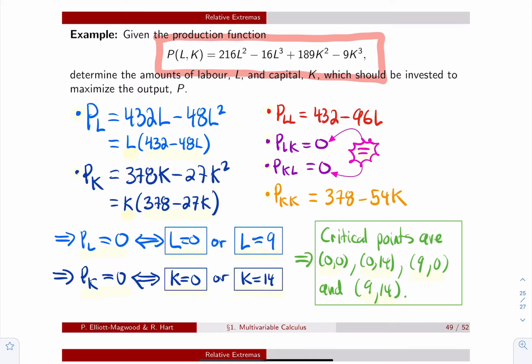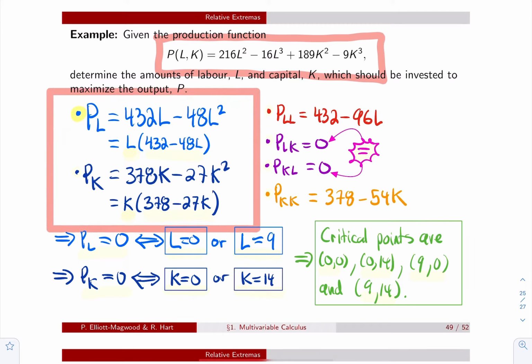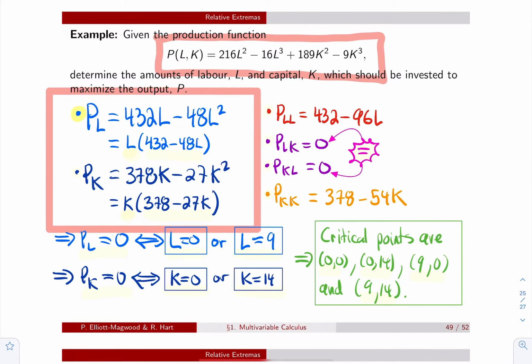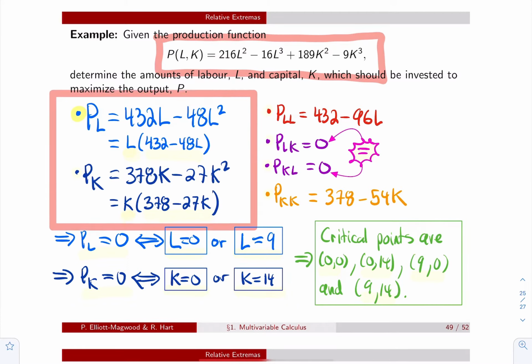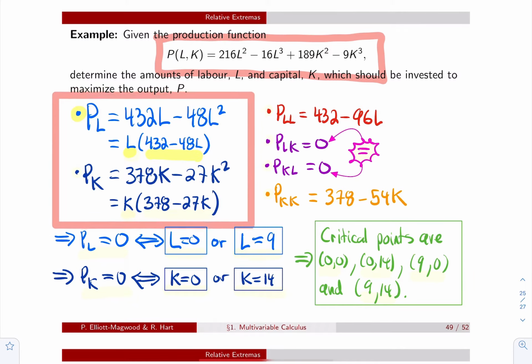Again, the way I like to do these questions is by first computing all partial derivatives, first order and second order. If you differentiate with respect to L, you get 432L minus 48L squared. Because I know I'm going to be using this equation to find critical points, might as well simplify it. So here I factored by L, leaving behind 432 minus 48L.